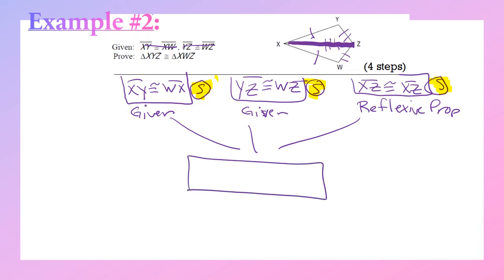Again, whatever you have right here is what you want to put right here. So copy that statement exactly. Triangle XYZ is congruent to triangle XWZ. The reason those two triangles are congruent is because I have three pairs of congruent sides, so I'm going to use the side, side, side method.